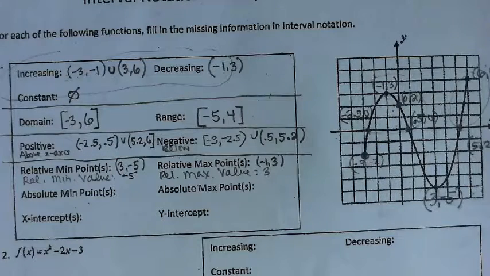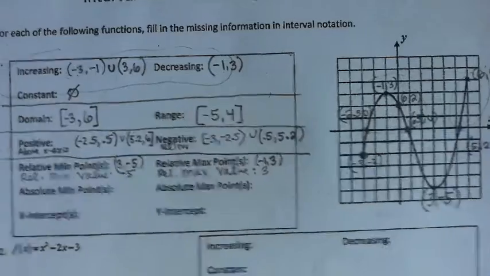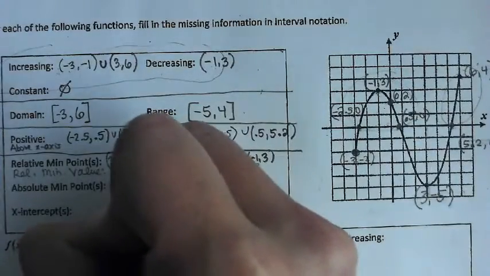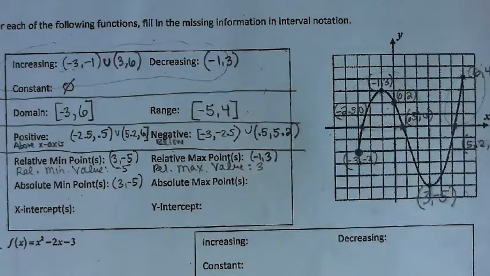Okay? Now, an absolute minimum point is the absolute lowest point the graph ever reaches. What is the lowest point this graph ever reaches? Cameron. Point. I need the x coordinate and the y coordinate both. (3, -5). So something can be a relative minimum and the absolute minimum.